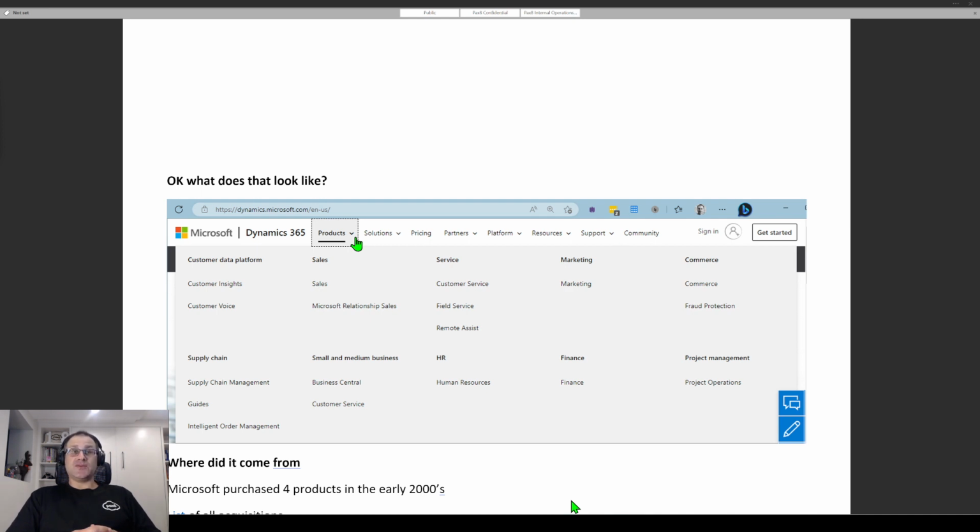So it's presented to us very nicely. Similar for customer voice. The customer data platform is a valuable layer that sits inside of Dynamics that helps leverage just-in-time information so that you, as a person working in the Dynamics business, can get information quickly and at hand.